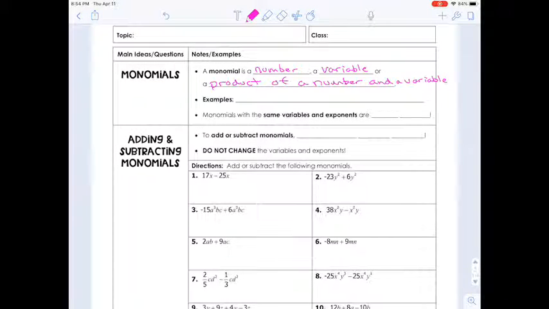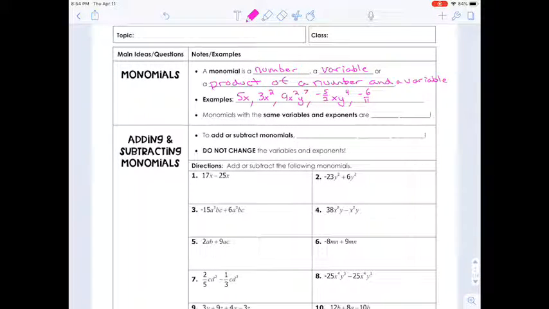So a monomial would be like 5x, 3x squared, 9x squared y to the 7th, negative 5 over 2 x y to the 4th power, and then just something like negative 6/11. One term, but it can be a product of a number and a variable.